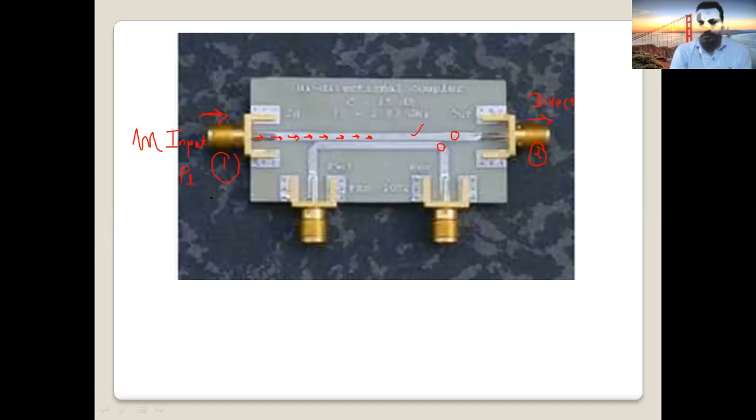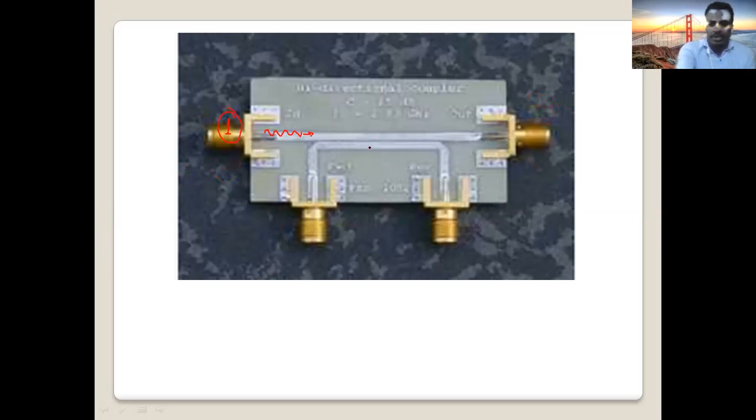So what will happen? The signal will start to transmit directly from port 1, through this transmission line, to port 2, right?